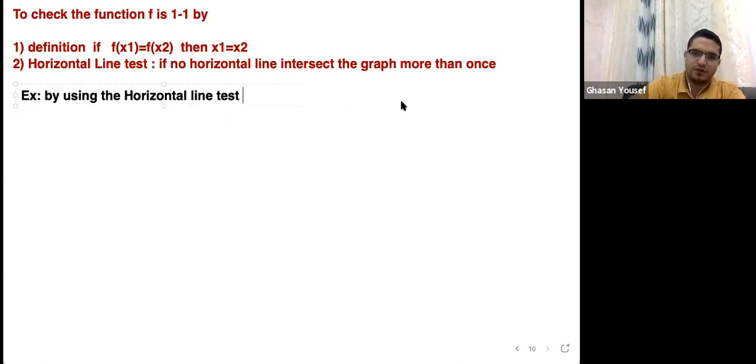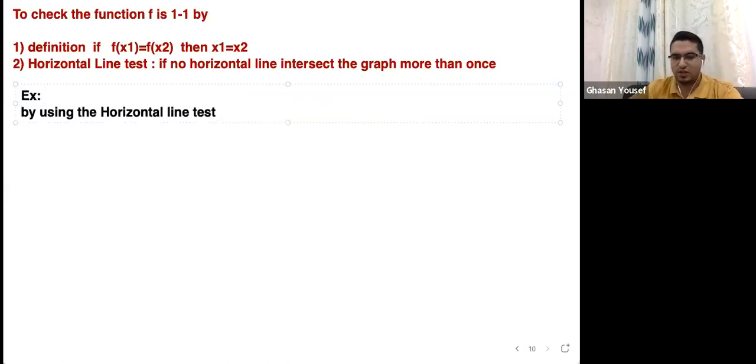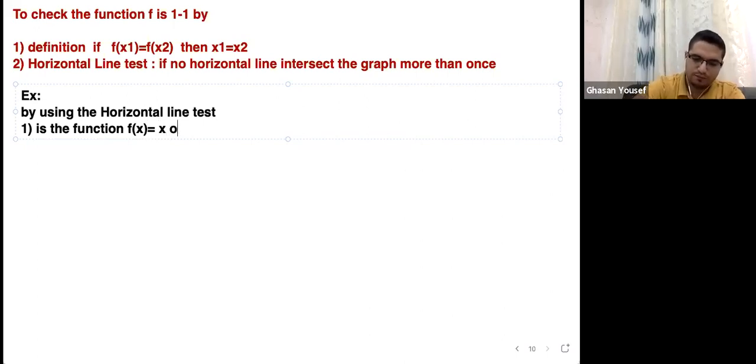In this question, number one, is the function f of x equal x cubed one-to-one?